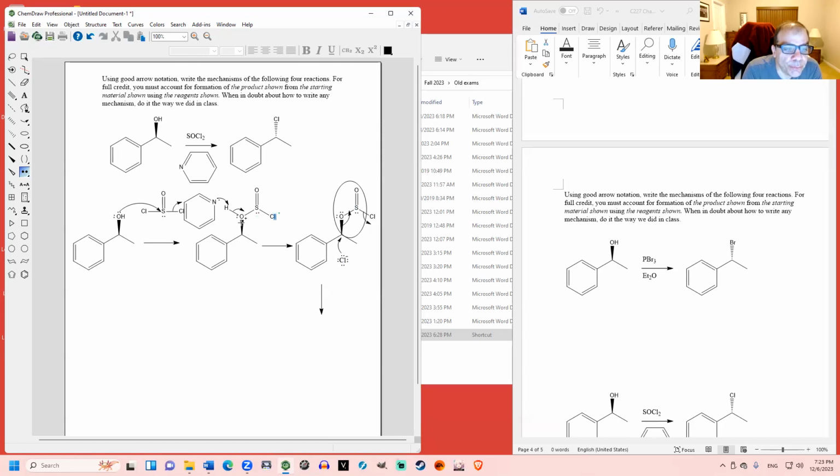And the chloride again comes in from the back. This is an SN2 reaction. And really, this first step is kind of like an SN2 reaction also. And that gives us the product directly. You also get SO2 and another chloride ion. You use up a chloride ion and you make a chloride ion. So we're even in chloride ions from that step.